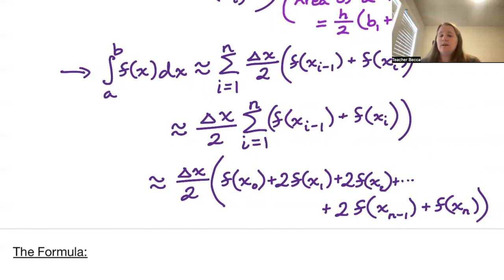All the ones in between get multiplied by 2 since they will pop up both in one term and then the next term as well.